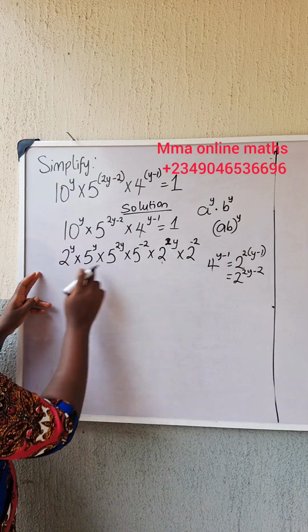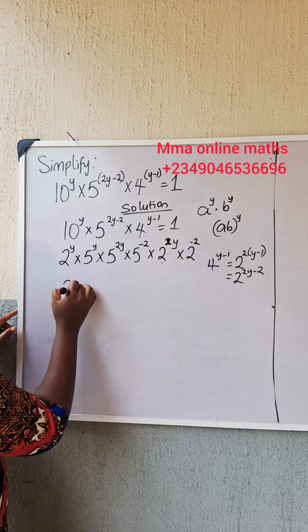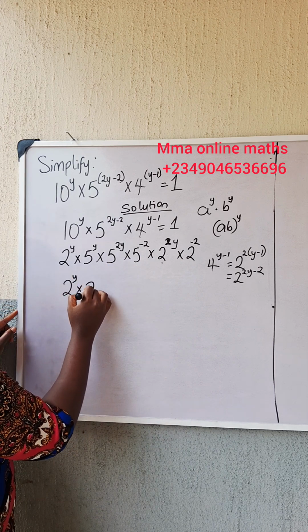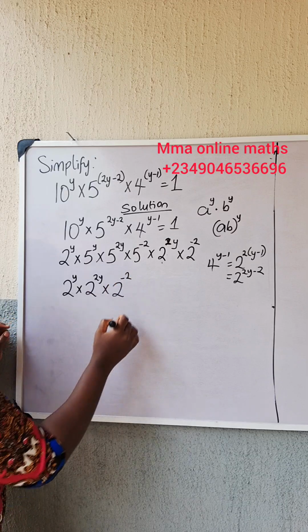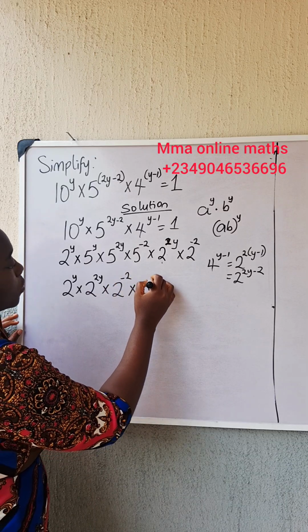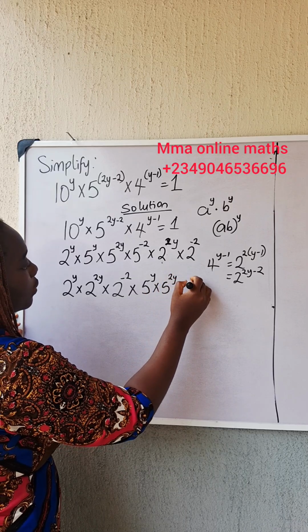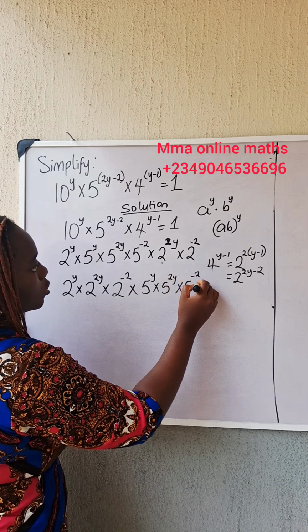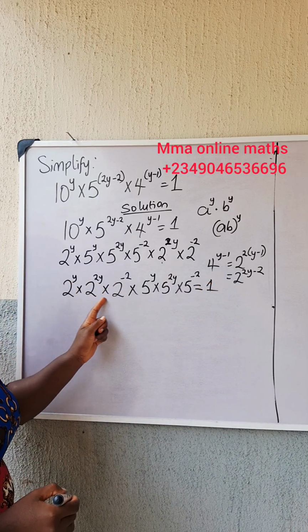Now let's bring together the bases that are 2 and then this. Okay, so we have 2 raised to power y times 2 raised to power 2y times 2 raised to power negative 2, then times 5 raised to power y times 5 raised to power 2y times 5 raised to power minus 2, and equate it to 1. Now let's add the powers since we have the same bases.